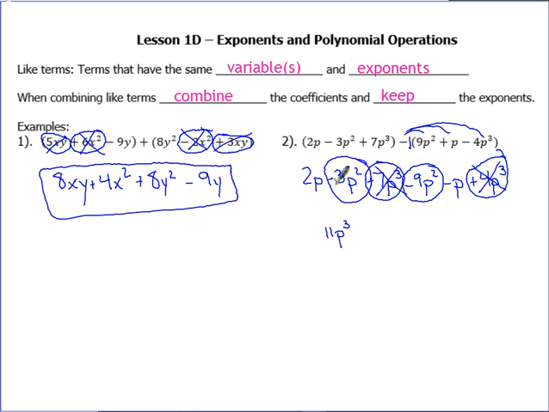Alright, so -3 minus 9 is -12p squared. And then finally, 2p minus p. Remember there's a 1 here, so 2 minus 1 would be positive 1p. Or you could write just plus p. You don't have to put the 1 there.